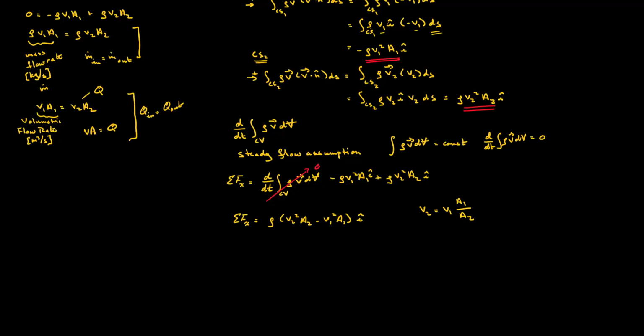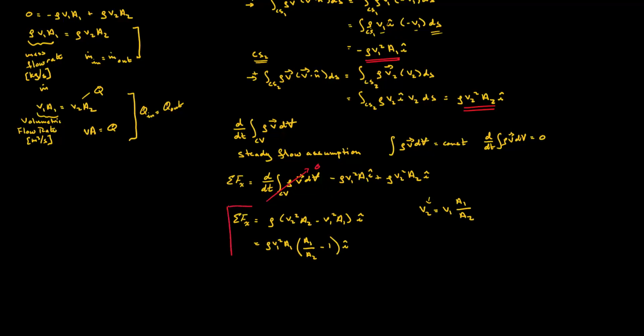So we can reduce the number of parameters in this net force. Again, I'll let you do the manipulations at home, but essentially, substituting this expression for v2 squared, we end up with rho v1 squared a1 multiplied by a1 over a2 minus 1, in the i direction.